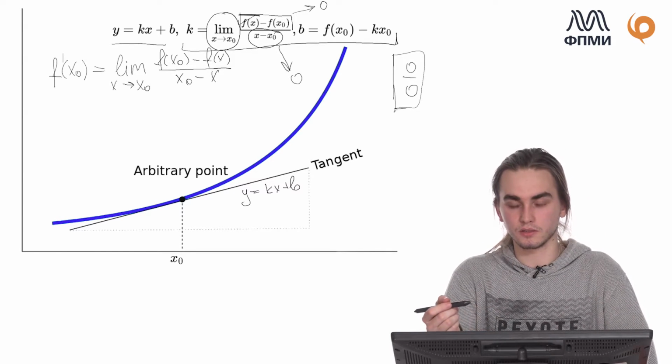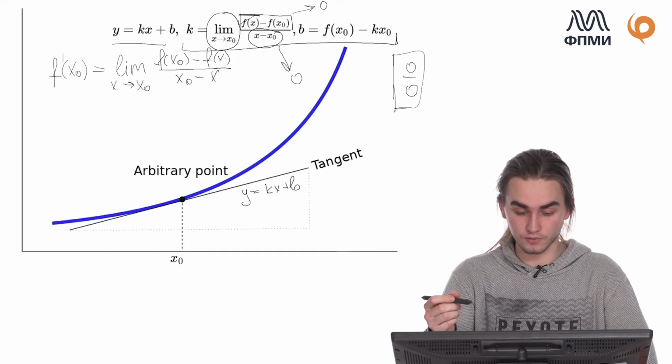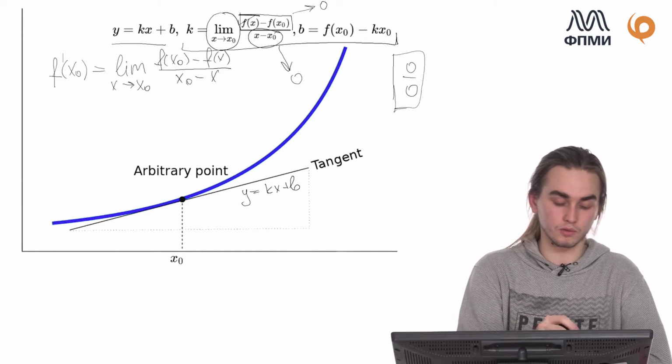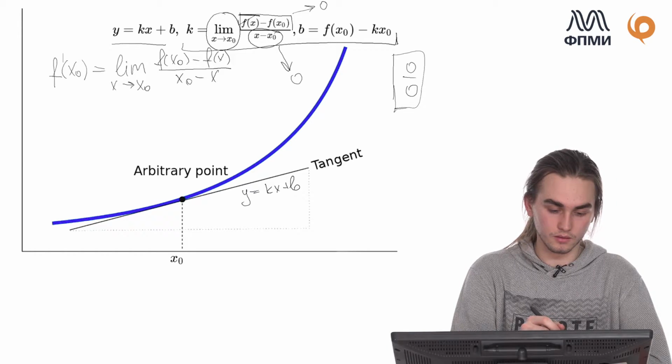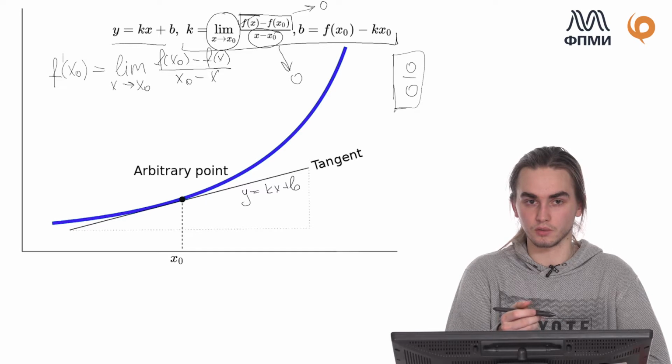So we can define it in any point if the curve is smooth enough, and it's smooth enough. So we can make it as some kind of function. We can define it in any point of the function, so we can define it in all of them.